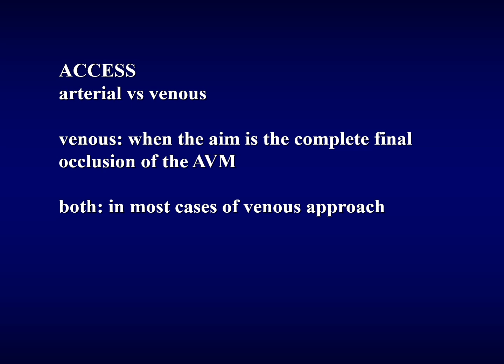But in most cases of venous approach, we also need an arterial catheter in order to be able to visualize the AVM and to have a better understanding of where we are, what we are doing, how much of the nidus is becoming occluded during the injection from the venous side, and often also to finally occlude the AVM from both sides.